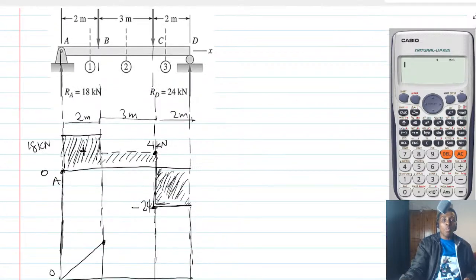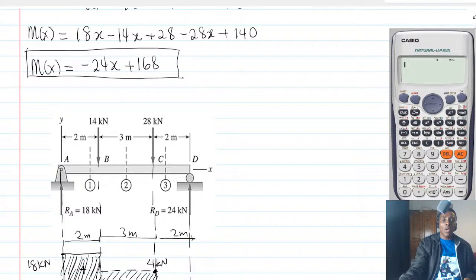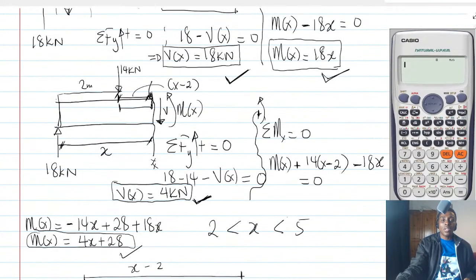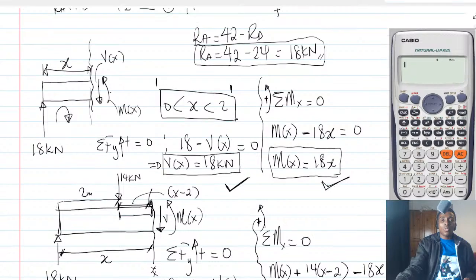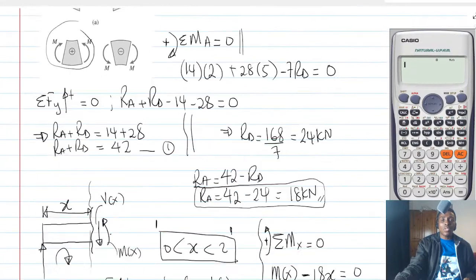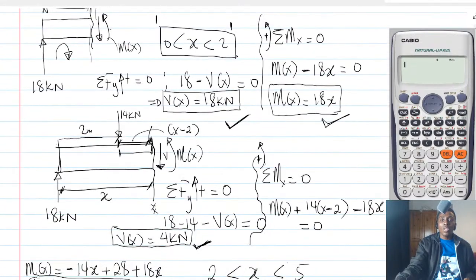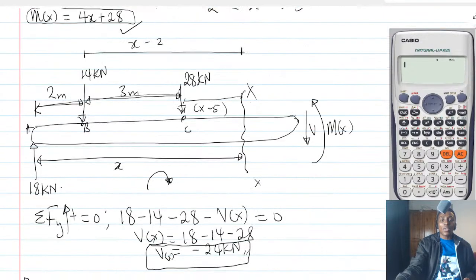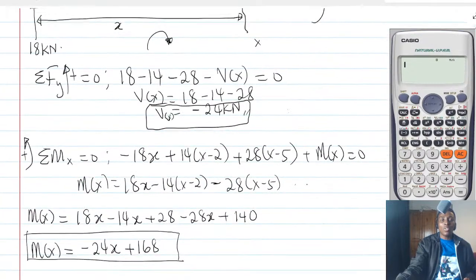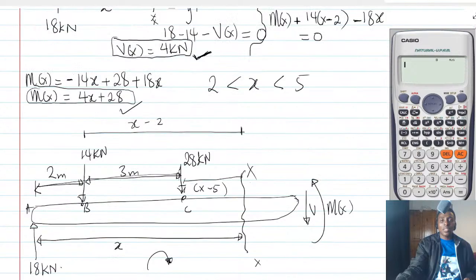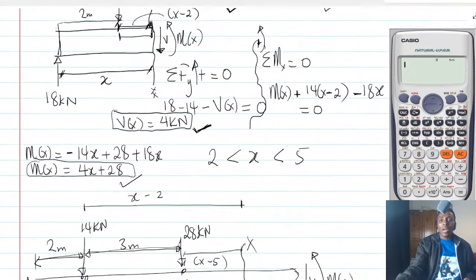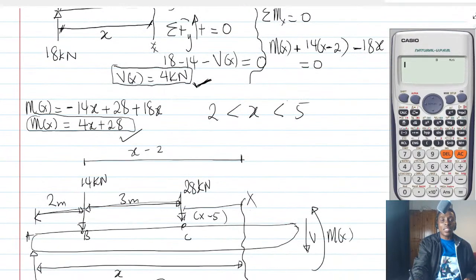And then I'm going to move all the way from 2 to 5. So from 2 to 5, this is what I want to do. Okay, 2 to 5. Yes, this is it.